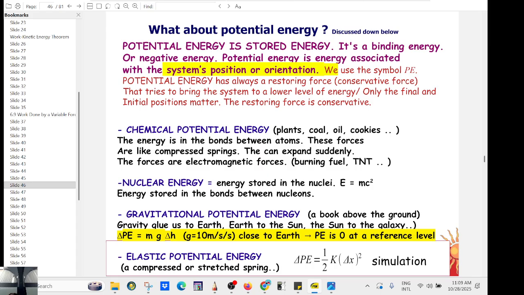In addition to that, any potential energy will involve a restoring force. It's not happy to be stretched. So there is a restoring force that wants to bring back the system to a lower level of energy. Nature loves the lowest level of energy as possible.